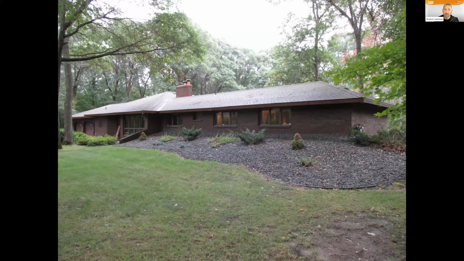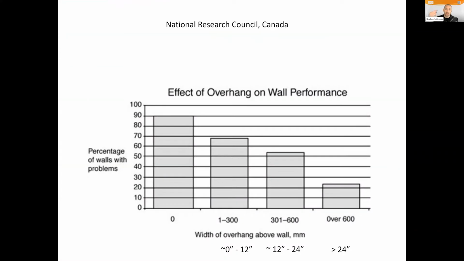And these overhangs really make a big difference when it comes to water intrusion. The National Research Council of Canada found that the bigger the overhang, the less the potential for water intrusion. I mean, no duh, right? We all kind of intuitively should know this as home inspectors, but here's our thought on that quantified. They say that if you have no overhang, 90% of those homes are going to have water intrusion problems.